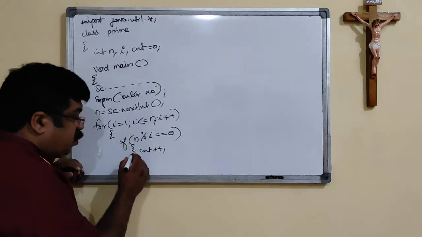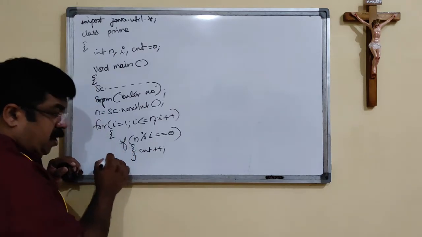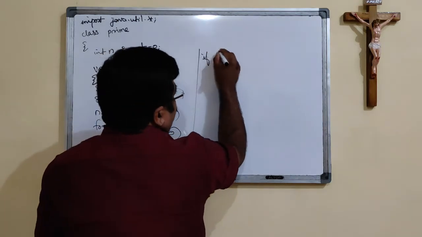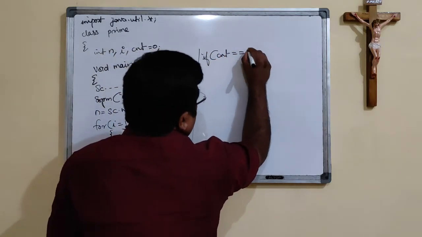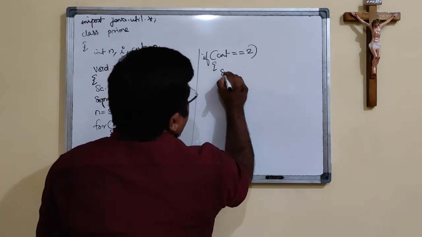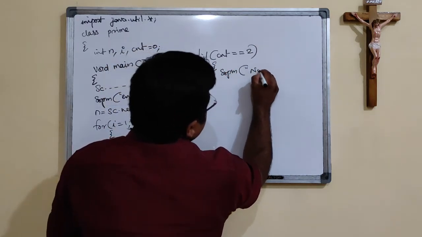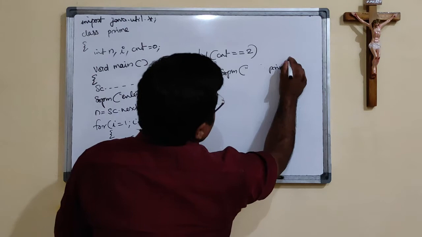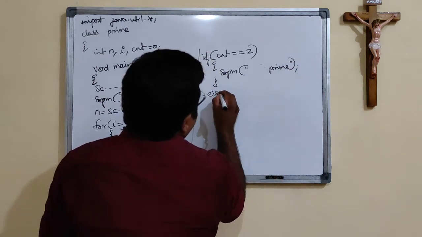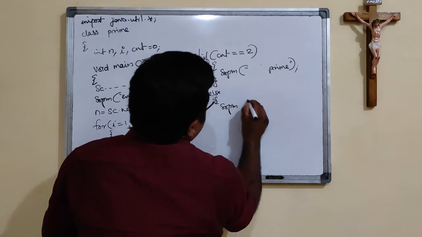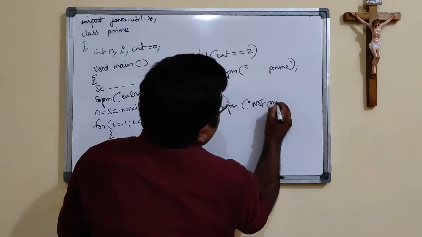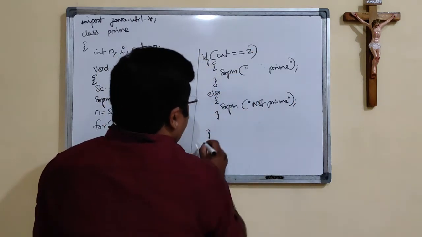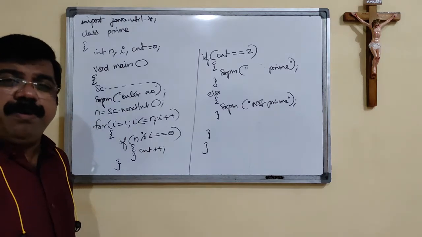When the for loop is over, we give a statement: if the count is equal to 2 exactly, then we print that it is prime. Otherwise, else print not prime. If factors are more than 2, that number is not a prime number, we know.